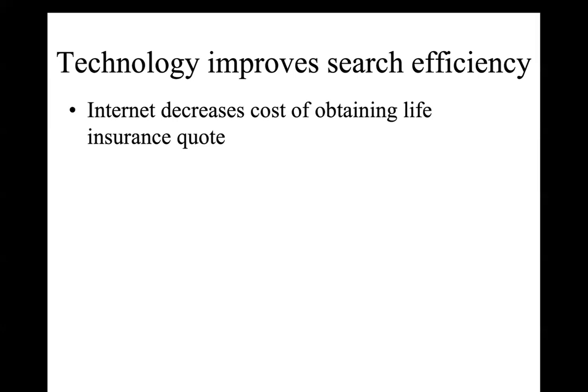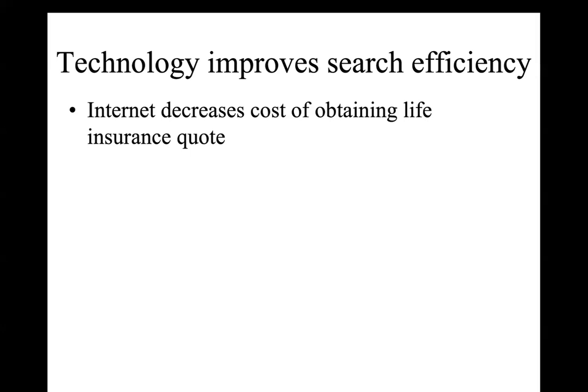If we just assume that all information was created equal, then we may naively choose to input bad information into our decision-making process and in turn make lower quality decisions. All right. But here's an example of how technology improves search efficiency, and it's related to life insurance policy quotes.